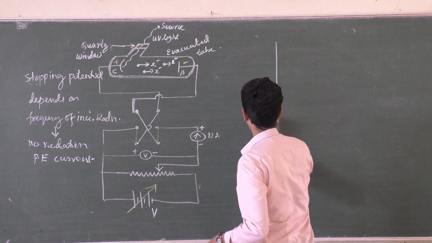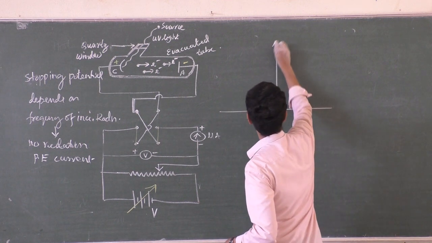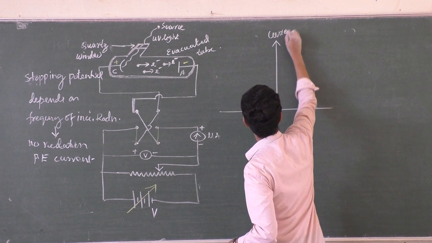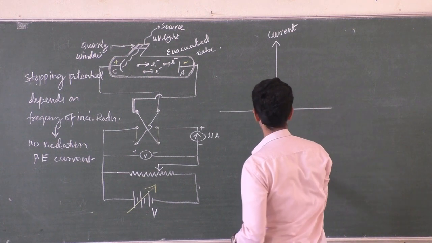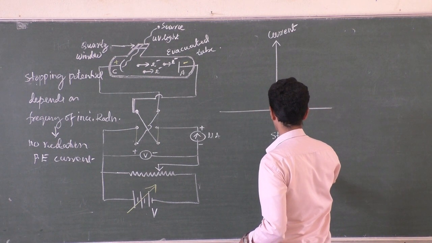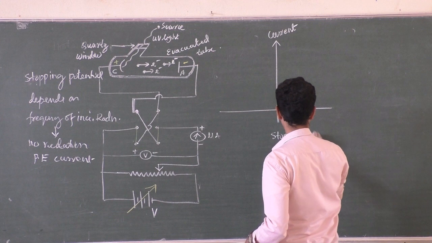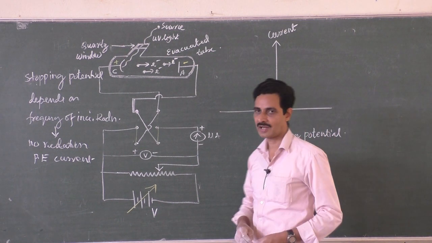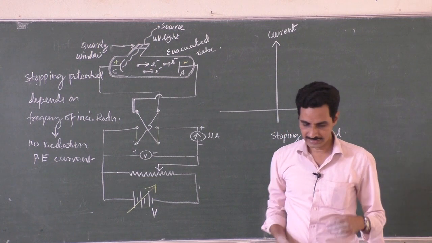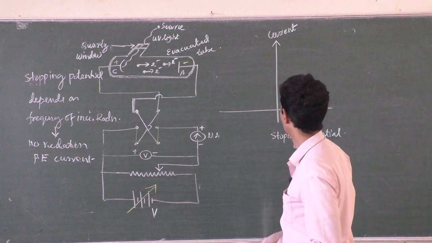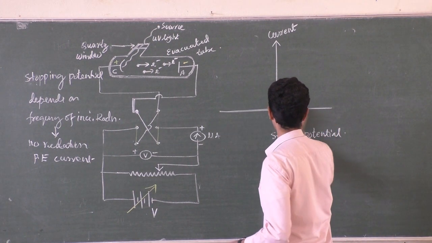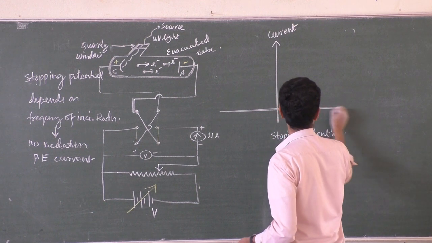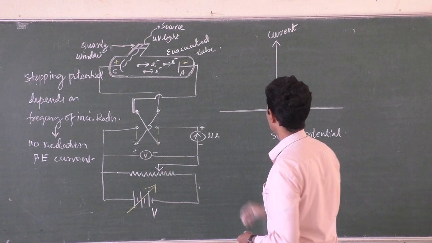I will draw a graph of photoelectric current versus stopping potential.